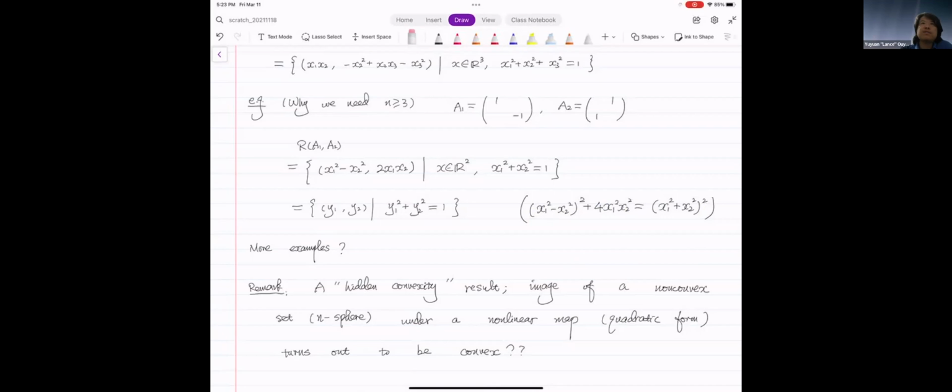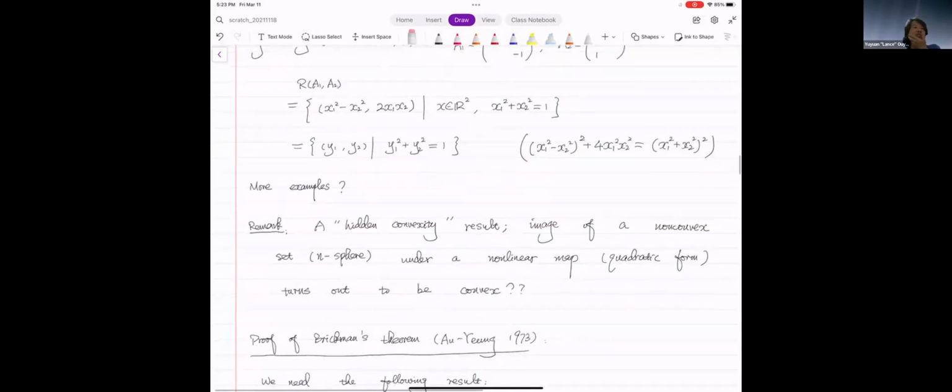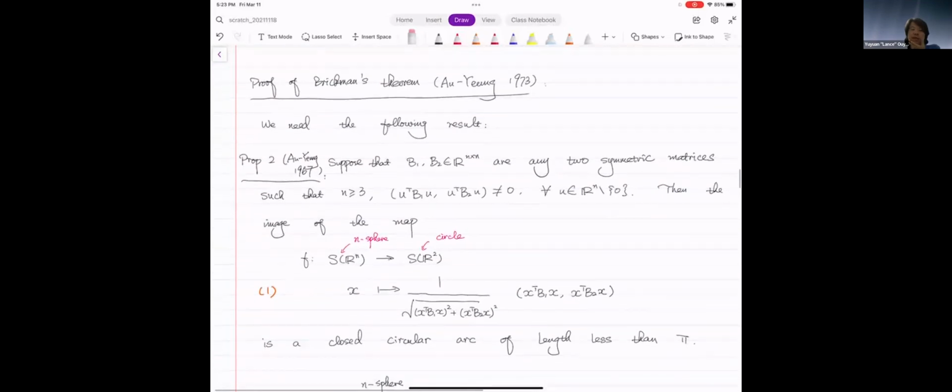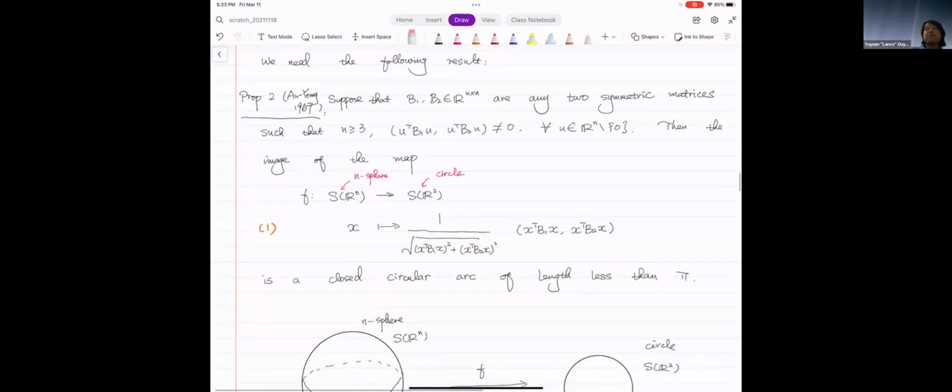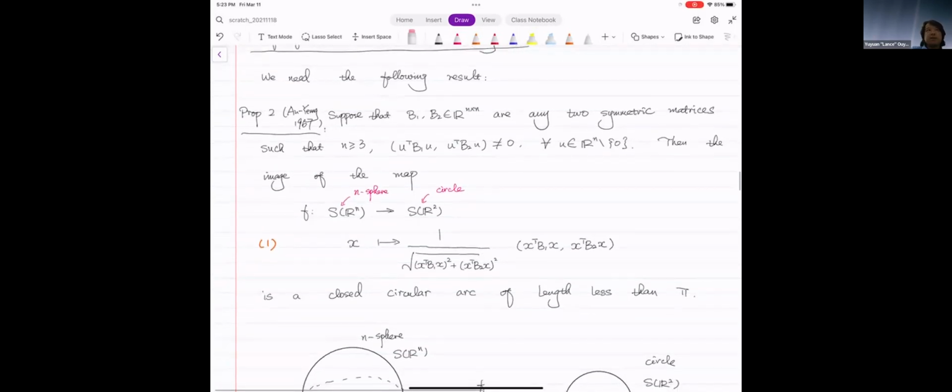All right, so let's go over a really interesting proof of this one. The proof is the following. We're going to need a result to prove the theorem. This result is stated in the following way. So what happens is that Brickman's theorem says that we're going to have two symmetric matrices A1 and A2. Here I'm going to introduce two symmetric matrices that are not A1 and A2 but B1 and B2.